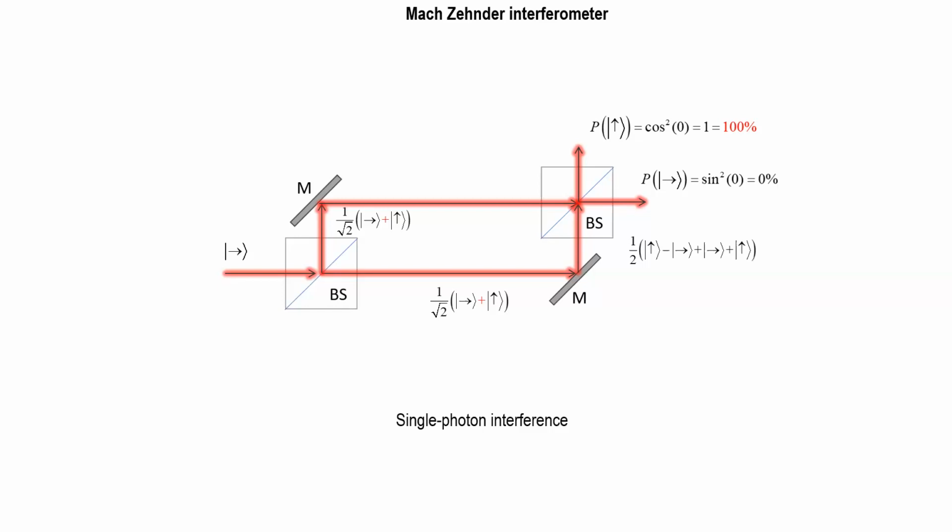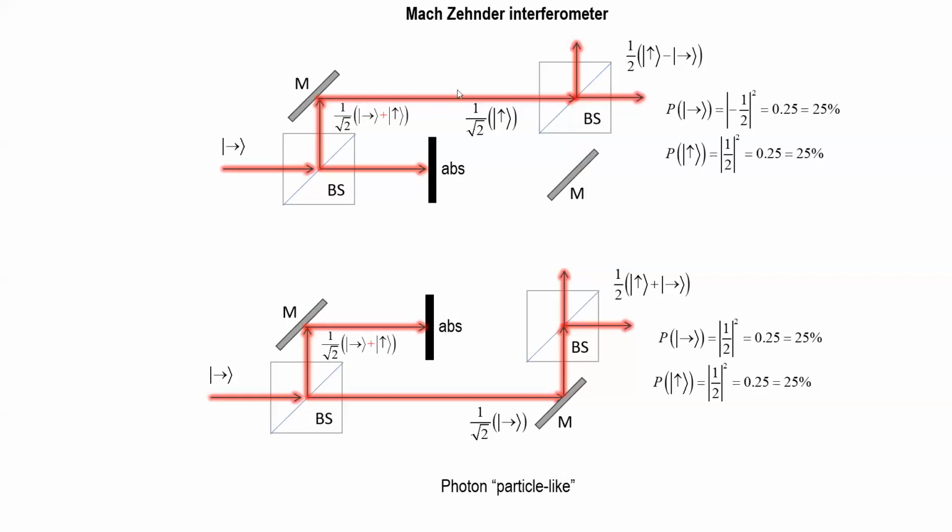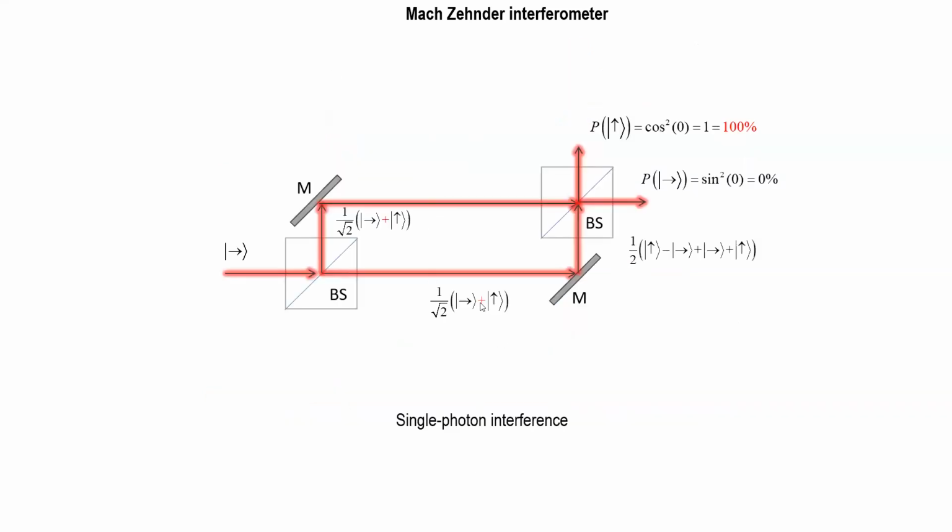But if I put an absorber in either of these two channels, it immediately causes 25% of the photons to go to the horizontal direction. So I absorb photons in one of the channels, and this absorption causes an increase in the number of photons in the horizontal direction.